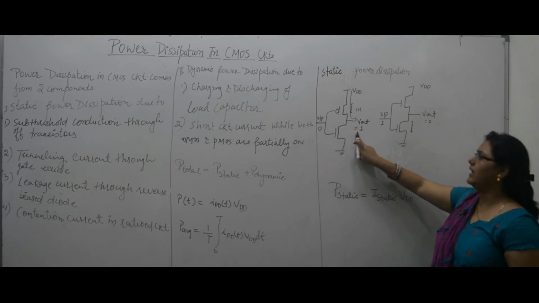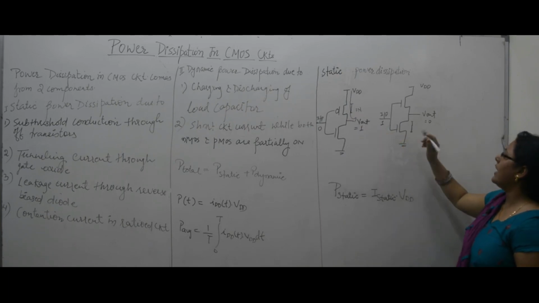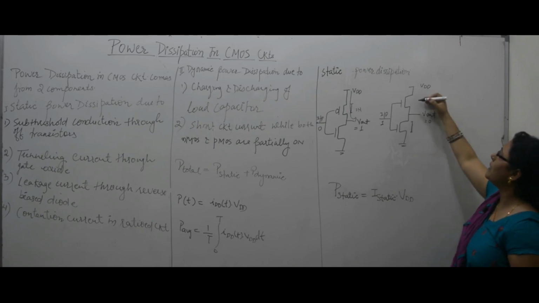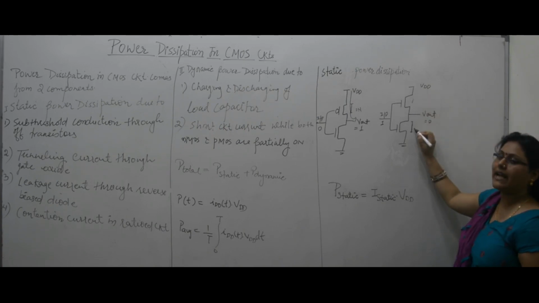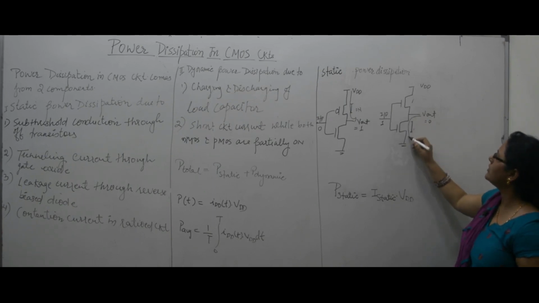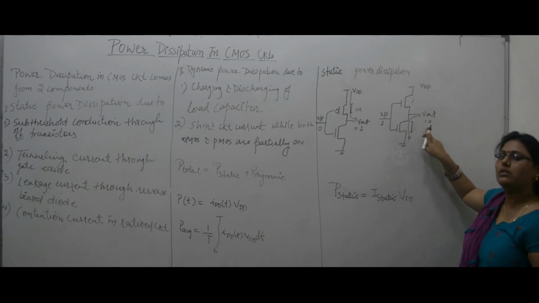Similarly, if the input is logic 1, then the NMOS transistor is replaced by a short circuit, and the PMOS transistor is in the off condition, so it acts as an open switch. We have a path from the output node to the ground, and hence Vout is equal to 0.